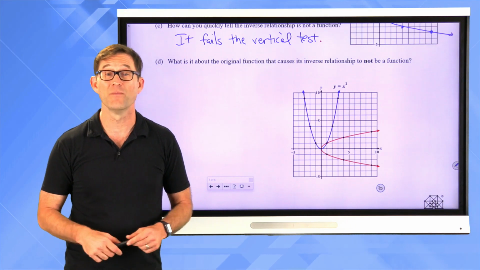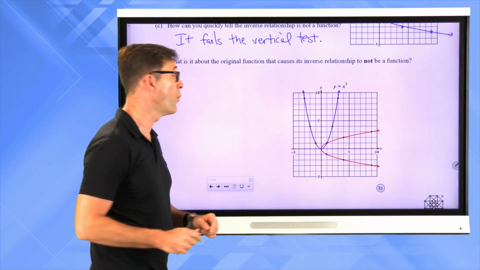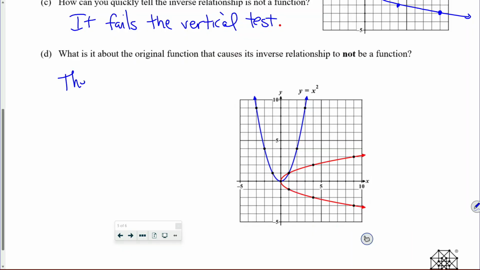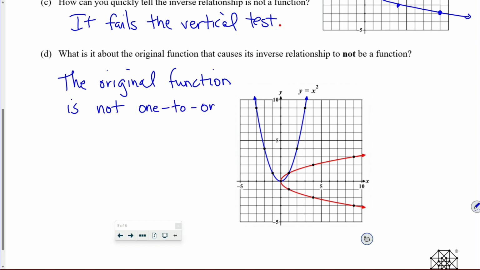And this is kind of cool. The original function is not, I'll write it out in words, 1-to-1.